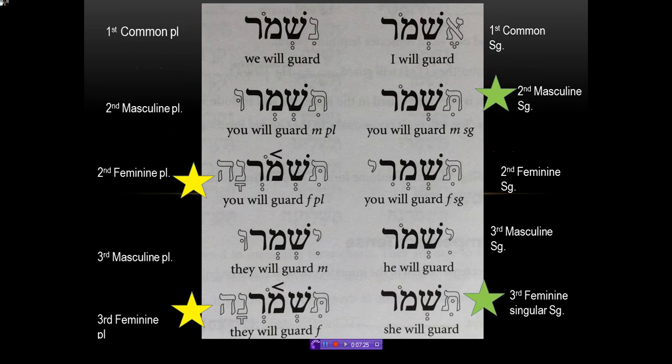Let's look at the full chart of the imperfects. Take a second just to look at it, familiarize yourself. Remember that the root is marked by the filled-in letters, shamar. And so take a moment just to look at those.